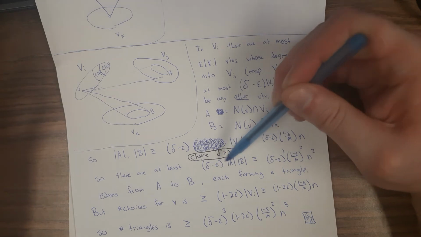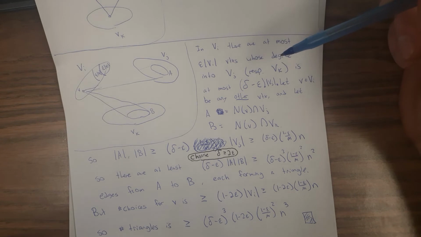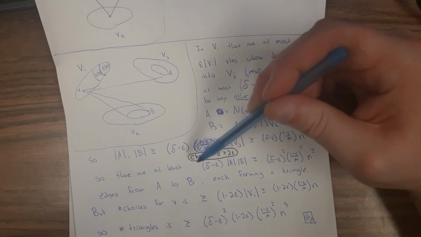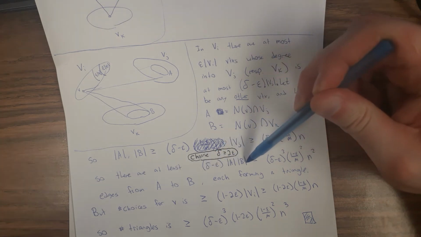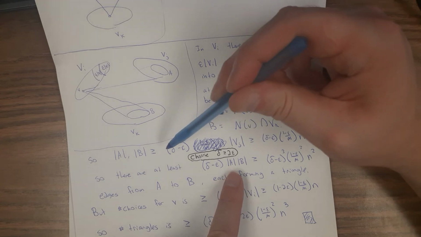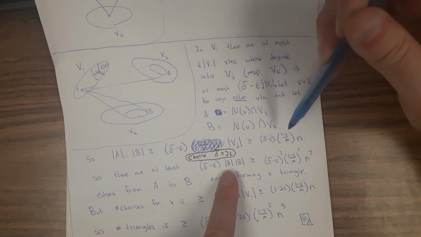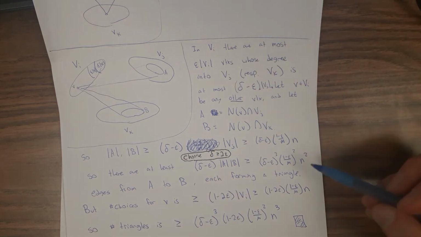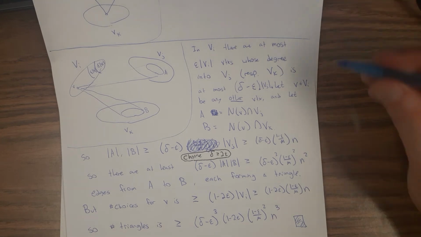So the density between A and B would have to be at least delta minus epsilon. So the number of edges, once again, from A to B would be at least this. And then I plug in a couple of things because A is at least this and B is at least this. So I plug those in and I get this. That's the number of edges from A to B, or a lower bound on the number.